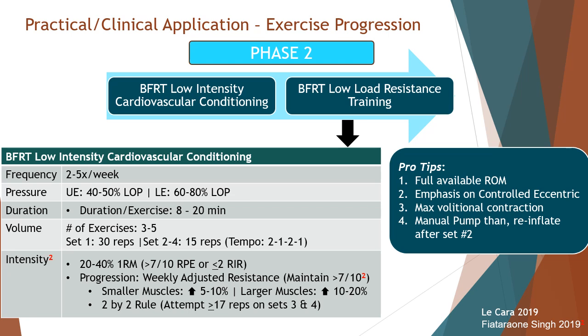Additionally, across the entirety of the set, you want them to do what I call continuous tension sets. You want them to maximally be contracting their muscle throughout the repetition. I give the example of trying to be a bodybuilder on stage where you're constantly trying to get that, never giving the muscle an opportunity to relax.